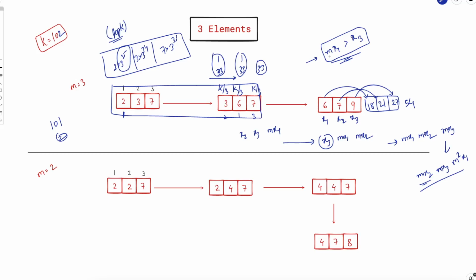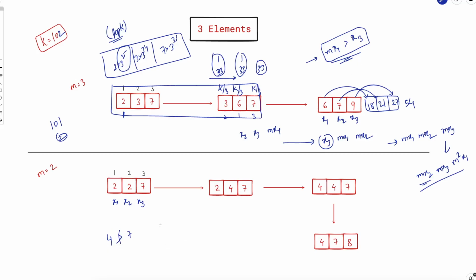Now, what's the state? State is m x1 is greater than x3, right? Now, let's say this is x1, this is x2, and this is x3. So if you do m x1, this time m is 2, so this would be 4. 4 is not greater than 7. So this inequality is not satisfied, right?